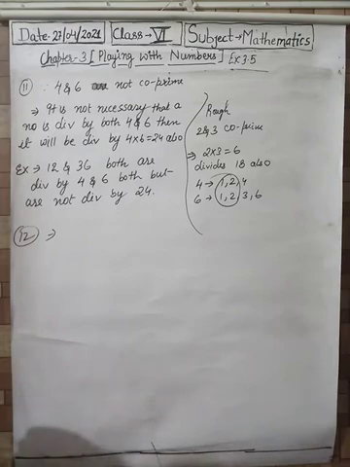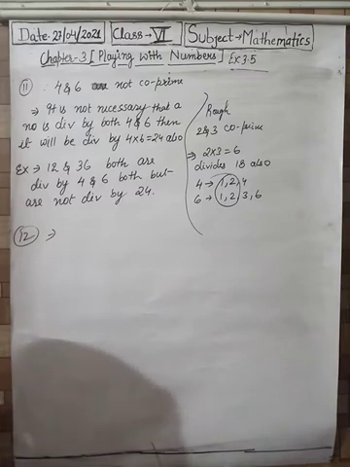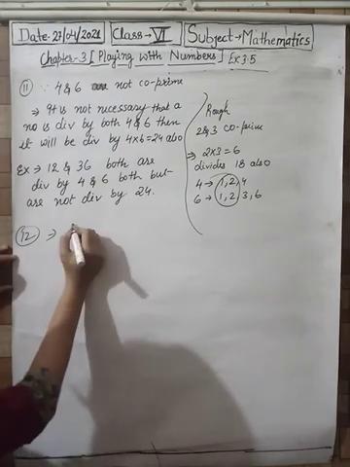The question is, I am the smallest number having 4 different prime factors. Can you find me? Here the solution of the question is given in the question itself. I am the smallest number having 4 different prime factors. Okay.